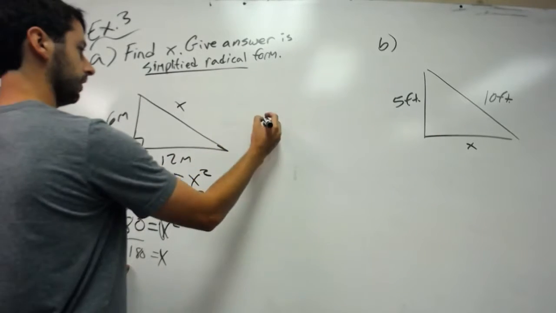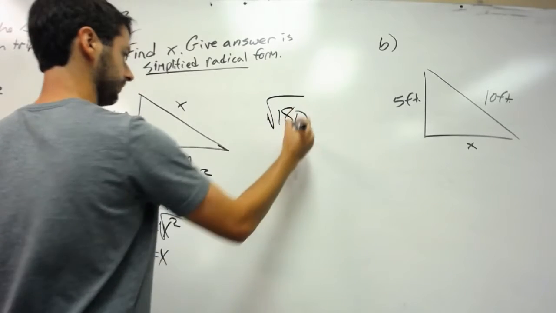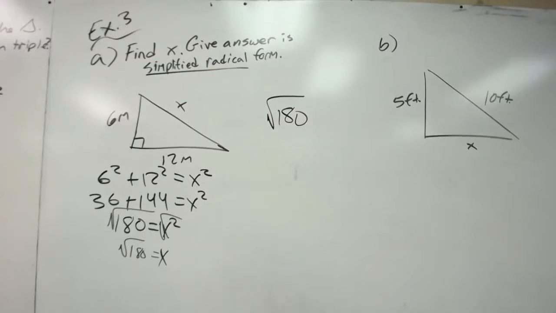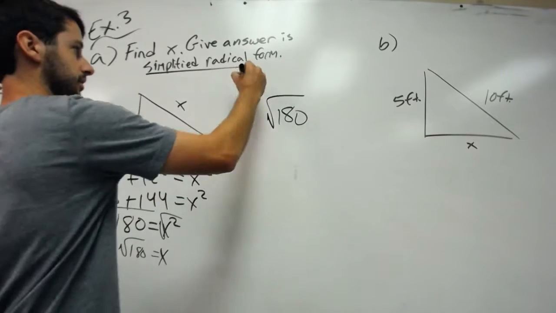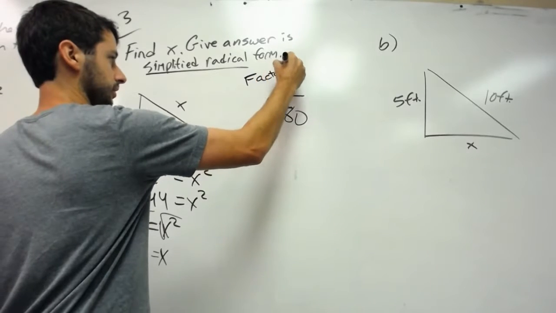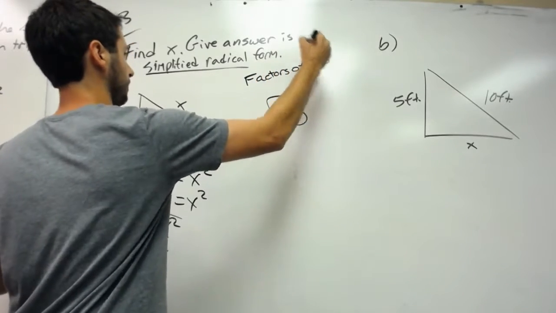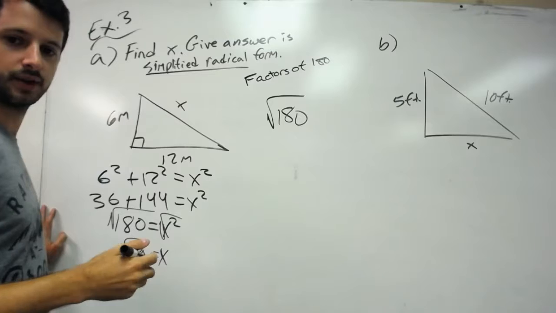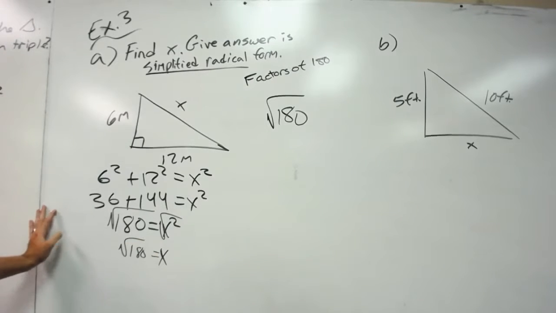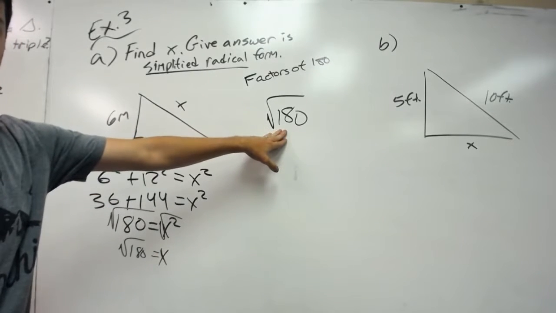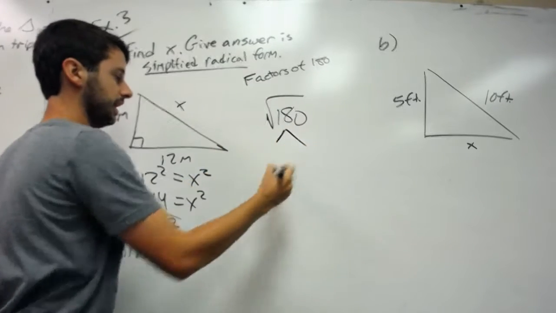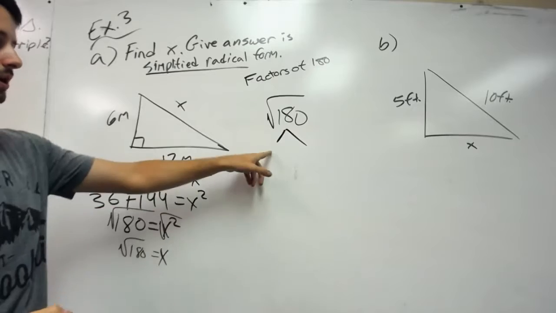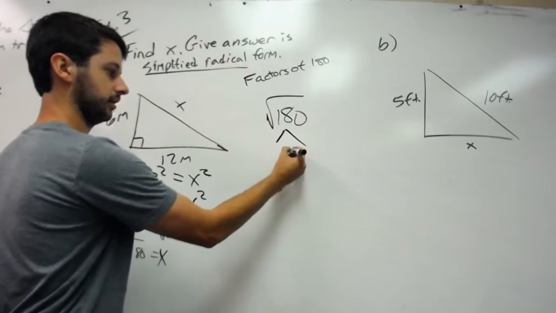To simplify the radical expression, we have to find factors of 180. Whatever the number is, you have to find factors. A factor is two numbers that multiply to be the number above. It's kind of like its family tree. So in 180, what are two numbers that can multiply to be 180?